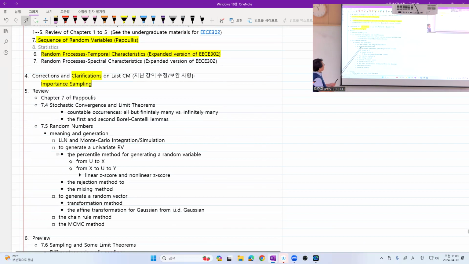Last time, we talked about the background materials for the Borel-Cantelli lemma, and we stated the first and second Borel-Cantelli lemmas.